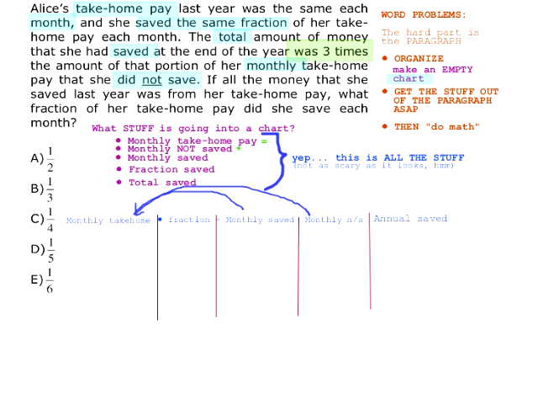If you take monthly not saved, then you multiply it by 3, then you get annual saved. And there. That gives you that. And then actually I think that's all of it. Yeah, that looks like that's it.